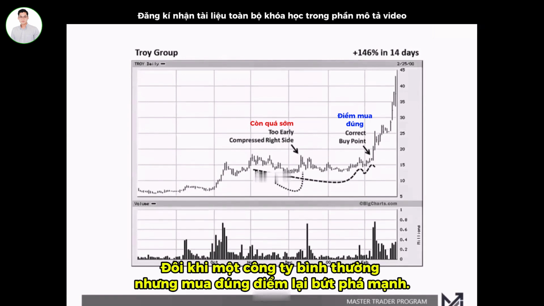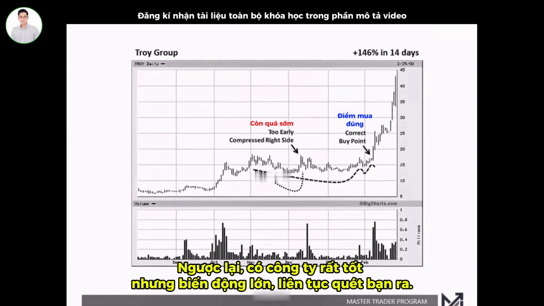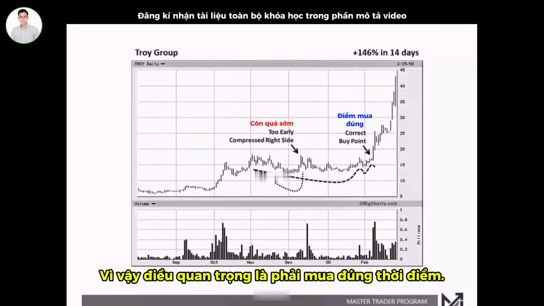It takes off, it makes a big move. And meanwhile, some quality company that is a great company never sets up. It never gets into the stage 2 uptrend. It never sets up the pivot point properly. It's too volatile, and it knocks you around, and you can't ever make any money in it. So real important is price ready, as Dave is alluding to here.